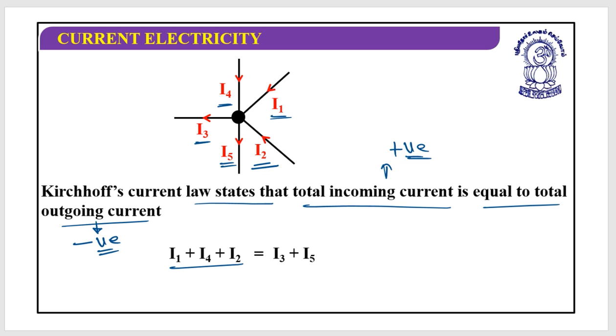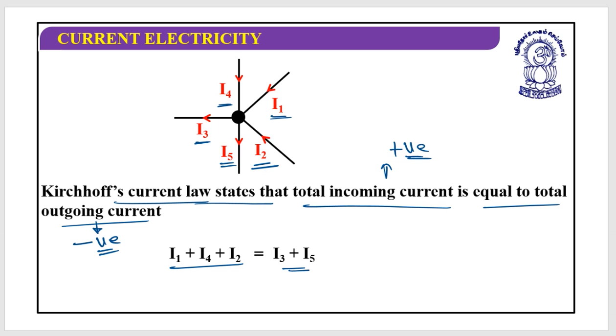Is it clear? Any doubts? No? Great. So according to the KCL, the total incoming current for the junction is equal to the total outgoing current. This is the first law of Kirchhoff.